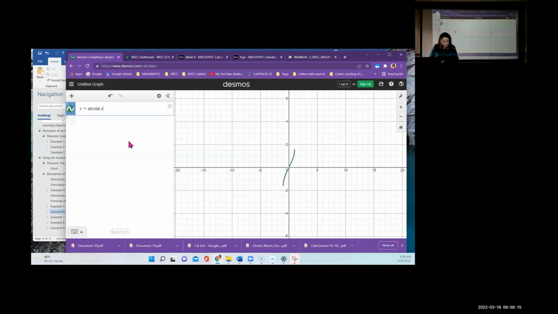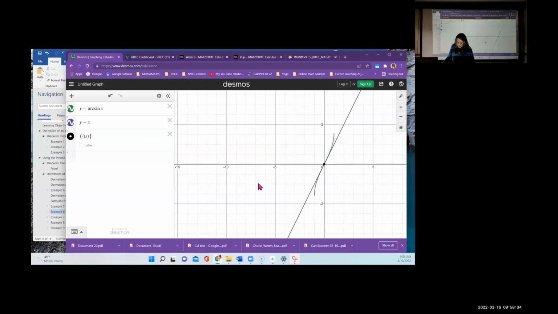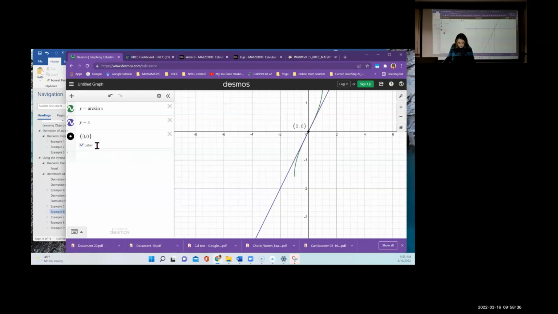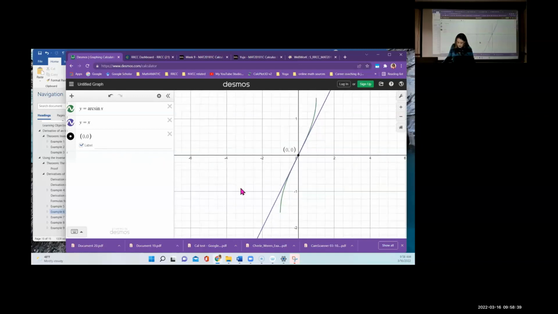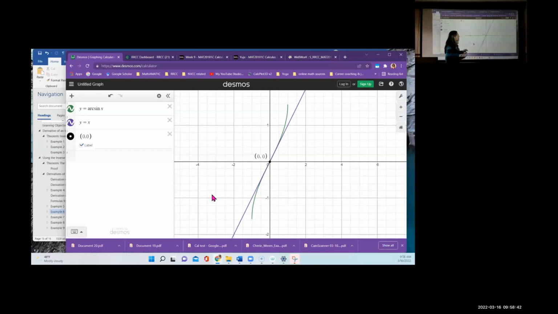Yeah, it does. So there's y equals arcsine of x. And now let's graph y equal x at the origin, (0, 0). All right, and let's blow it up a little bit so we can look at it. Put the label on there. So what we're saying is at that point, (0, 0), the tangent line to the graph is that line y equal x, and it is tangent to the inverse trig function at that point. Right?